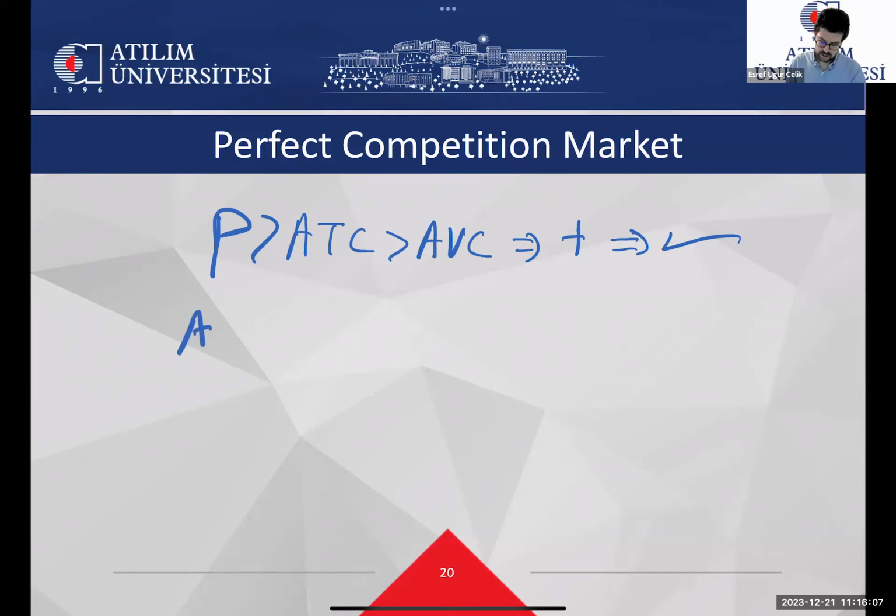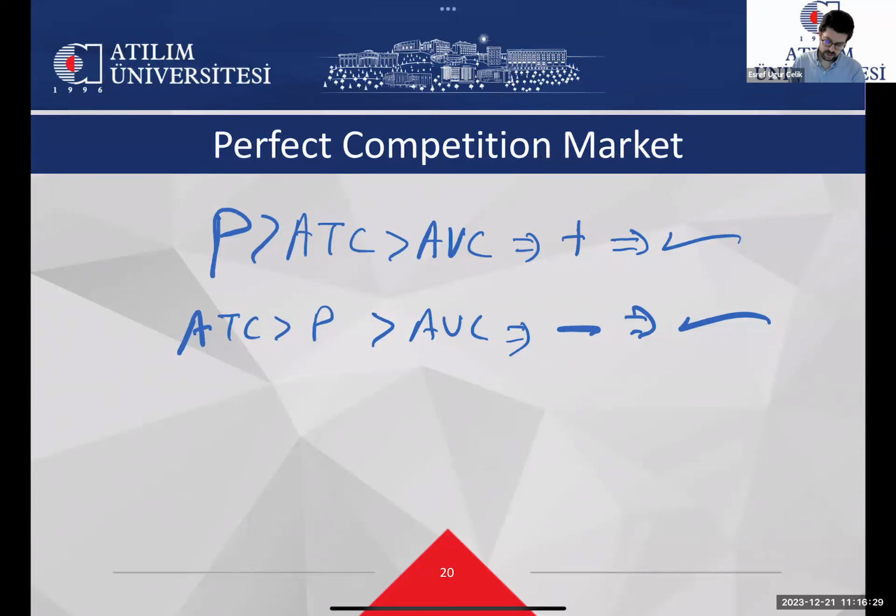The second option is average total cost greater than price, greater than average variable cost. We get negative profit, but we still continue to produce it because we can cover the total fixed cost and cover the average variable cost.